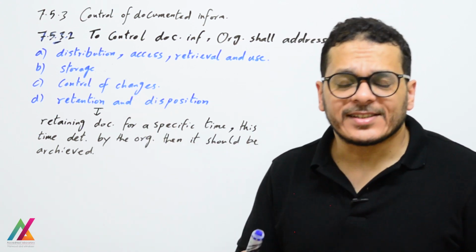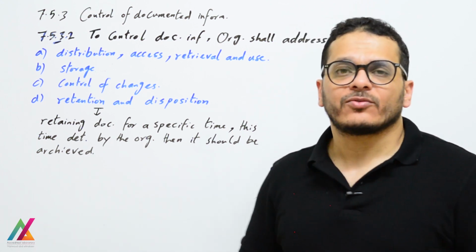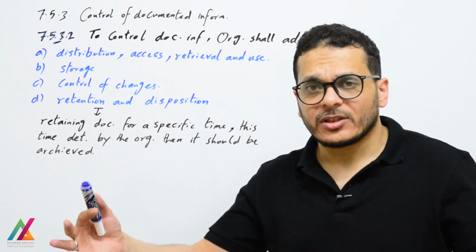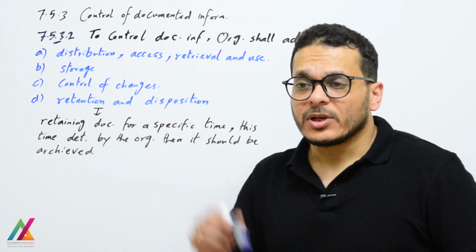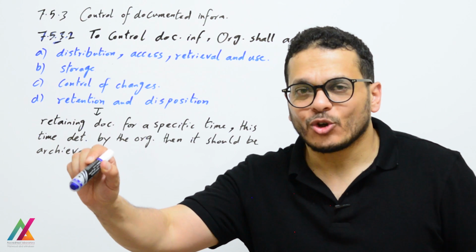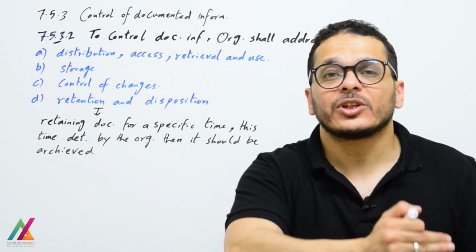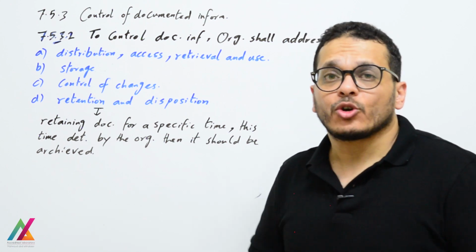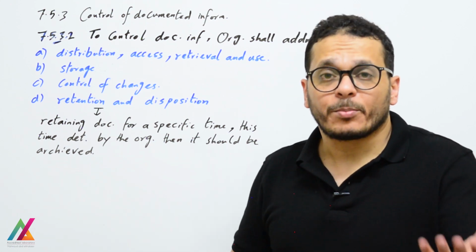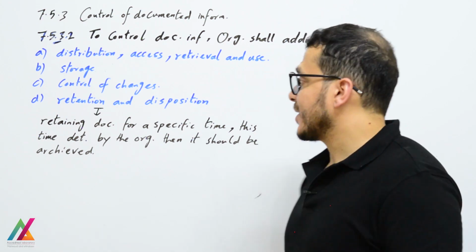To control documented information, the organization shall address the following points: distribution, access, retrieval and use. Who has access to use these documented information? Not all documented information can be used by all persons inside the organization, but there should be specific documented information for specific units or sections. Then storage, where you will store this documented information, whether paper or electronic format.